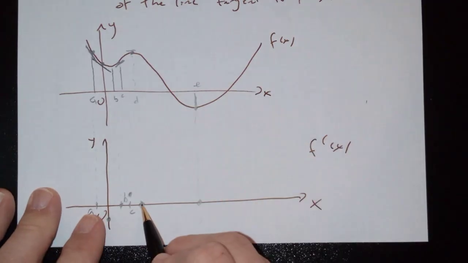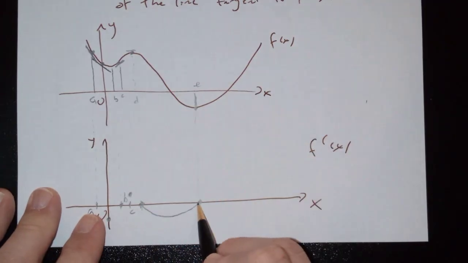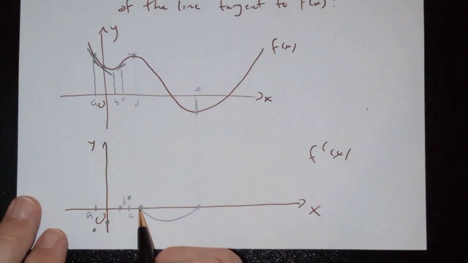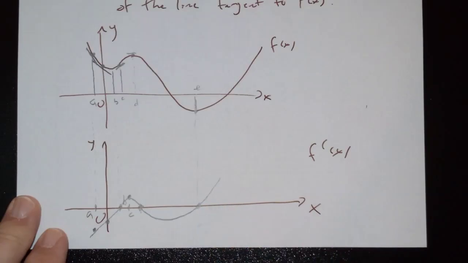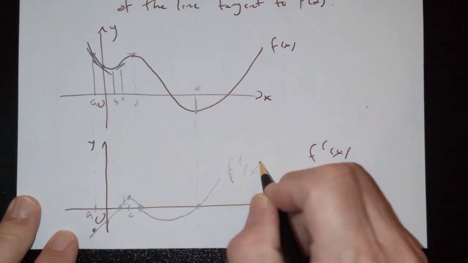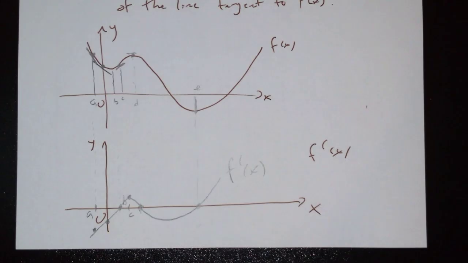So I would expect to go like that. Just like here I went, and then I would get positive slopes. This is my f prime of x. I don't have a single equation involved here, but I can still draw a picture. I can estimate, approximate, what I think the graph looks like.